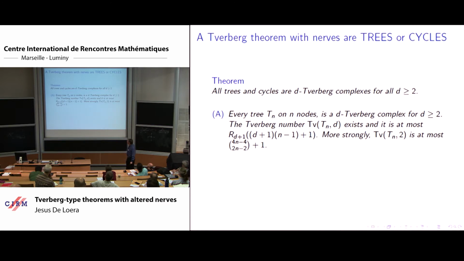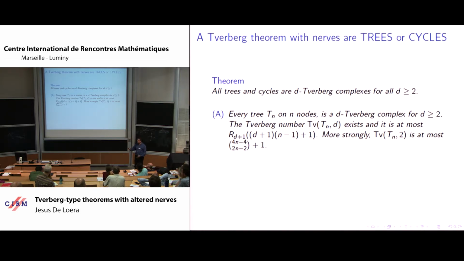Okay? Now, in the plane, we don't know the number exactly. In the original Tverberg theorem, the constant was very small, very clear, and it's best possible. Here, we don't know what the constant is.